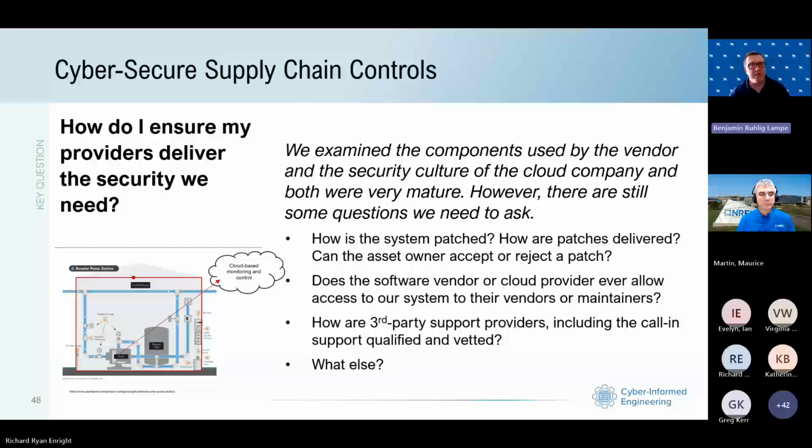So, right, cybersecurity has a lot of good governance in this space about supply chain risk, and what we are seeking to amplify with cyber secure supply chain controls from a CIE context is really the engineer's relationship in this discussion, where the engineer knowing what the critical component of the system is, so in this case the pump, can convey that understanding to their vendor, so the vendor can also participate in that security.